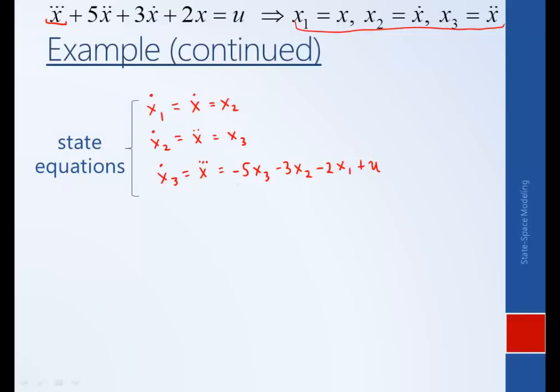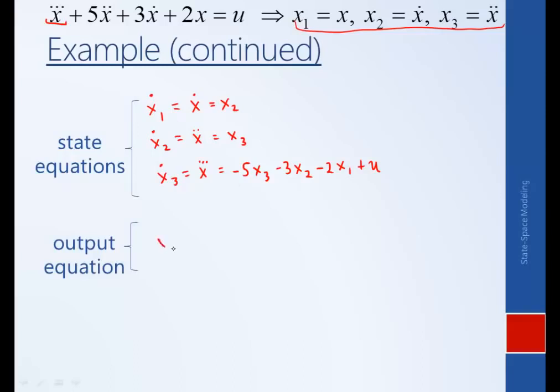State space form also includes an output equation or a series of output equations. What defines the output is an engineering decision. It depends what we're trying to control. It depends what we're trying to analyze. So position could be the output, velocity could be the output, both could be the outputs. So let's say arbitrarily that in this case, x dot is the output.